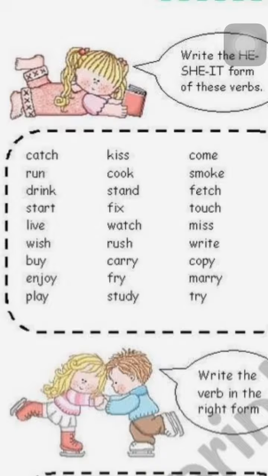Play, the y is preceded by a vowel, so we add s directly. Enjoy, the same, enjoys, add s. Plays, s. Kisses, es, yes, excellent, because it ends with double s. Cooks, just s. Stands, just s.